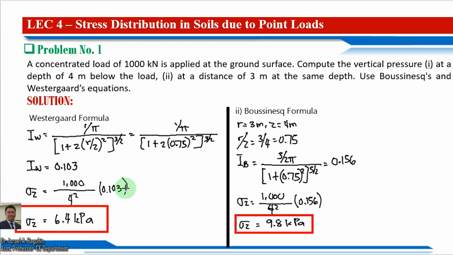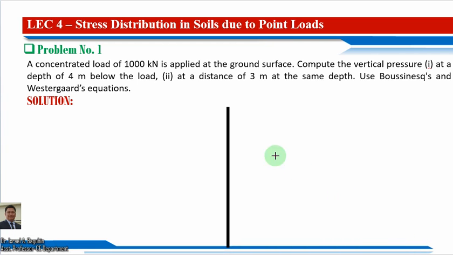So this problem is just a very simple illustration on how to apply the Boussinesq and the Westergaard formula in calculating the vertical stress. So again, we have another problem for us to better understand the application of the Boussinesq and Westergaard formula.